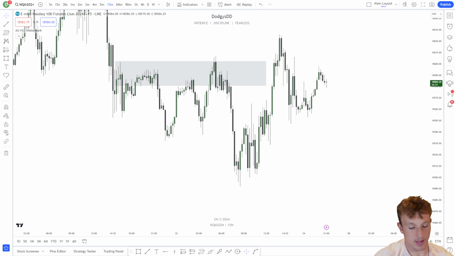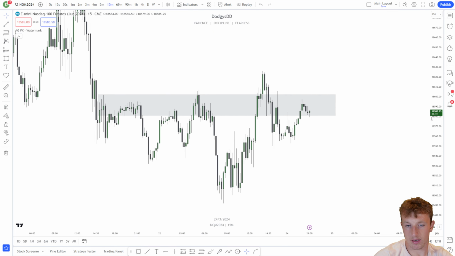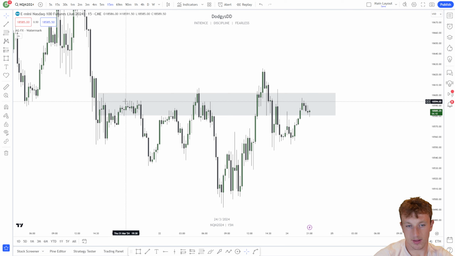Now, if we go back to supply and demand stocks and look at these pictures, you remember what I said. Support can turn into resistance, and resistance can turn into support. It's the same thing for supply and demand. This is going to be supply. There's supply here. Now, when we break that supply, it can become demand.